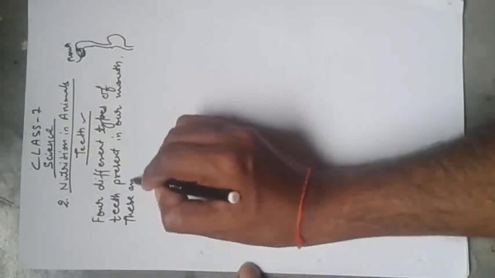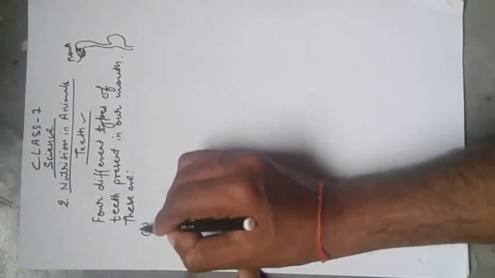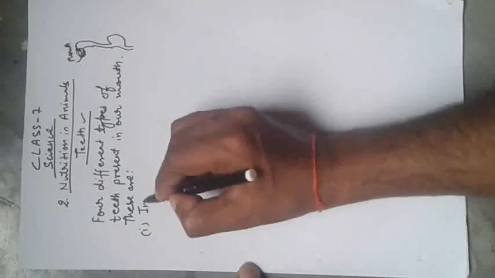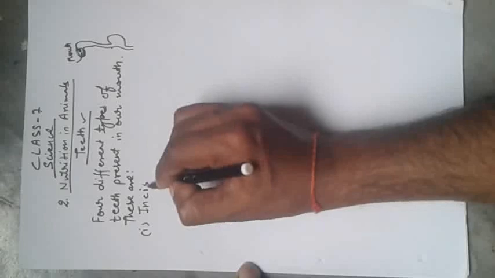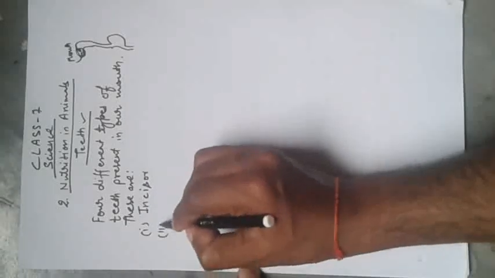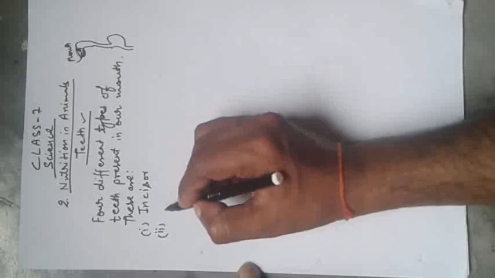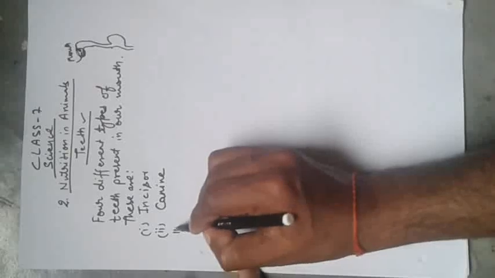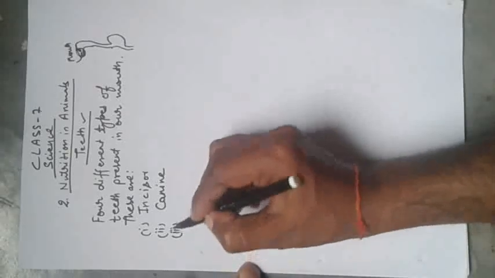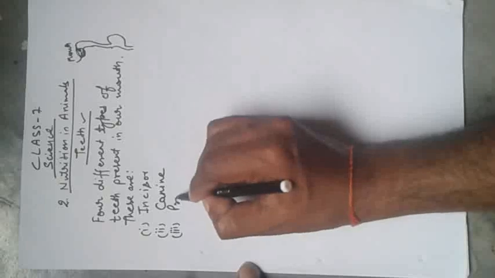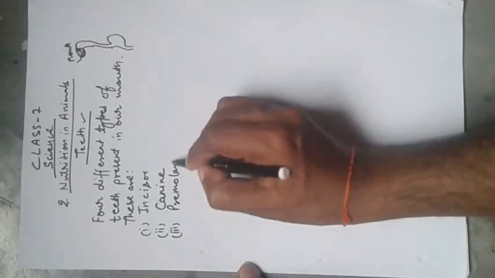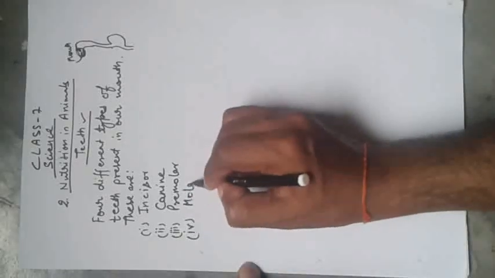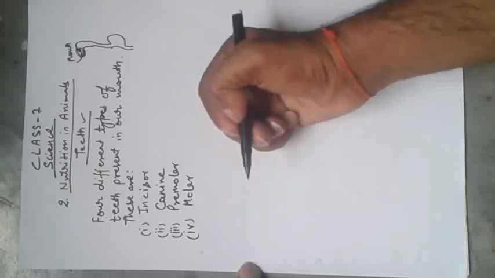The first variety is incisor, second is canine, third one is premolar, and fourth is molar.